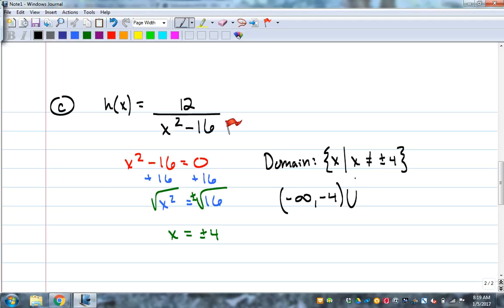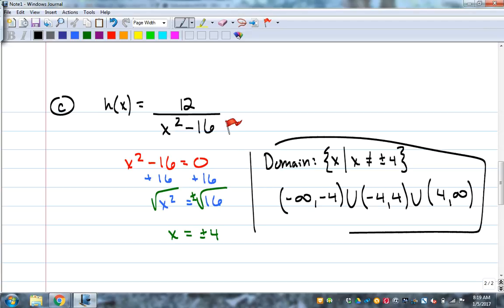And then a union, because we got some more stuff. -4 to +4, yeah, because we got all those numbers in between that work. And then a union. And then the last piece: 4 to infinity. Yeah. And there's our domain.